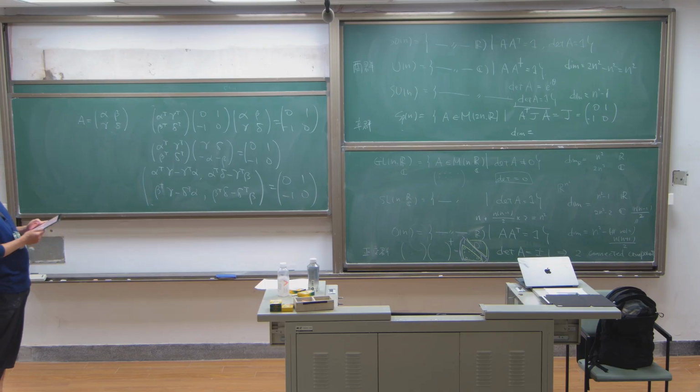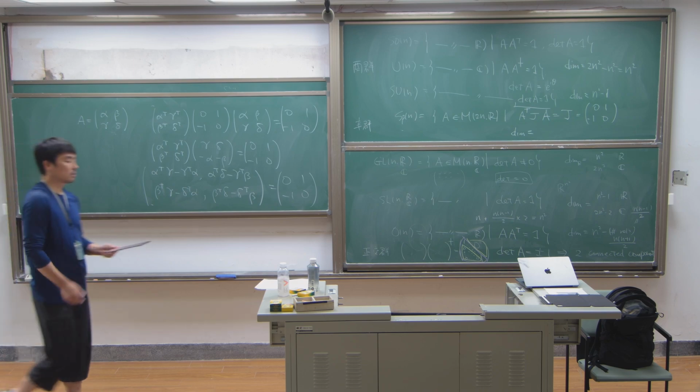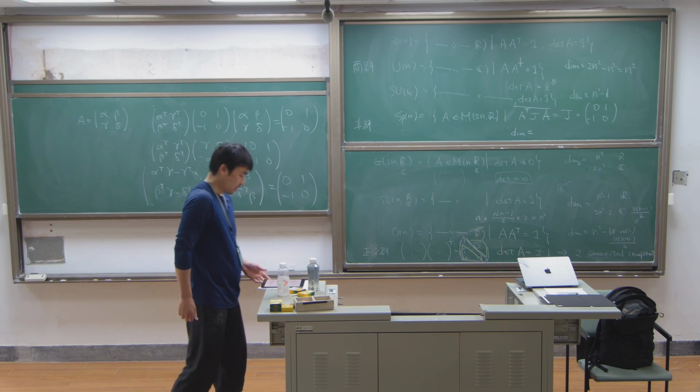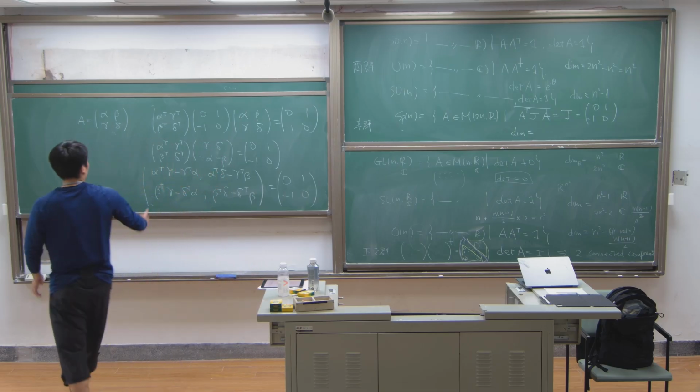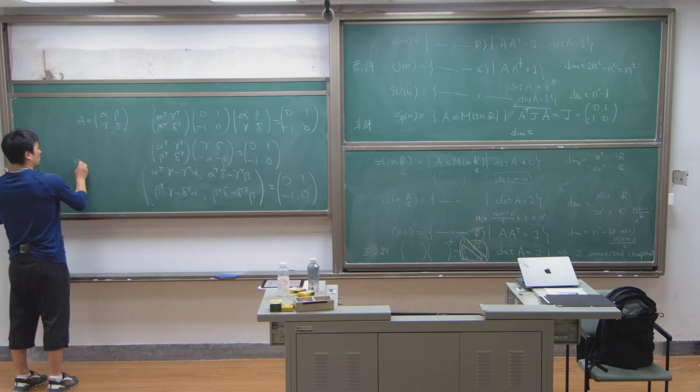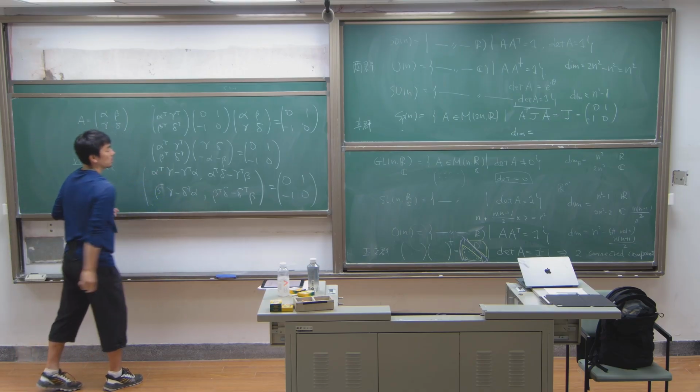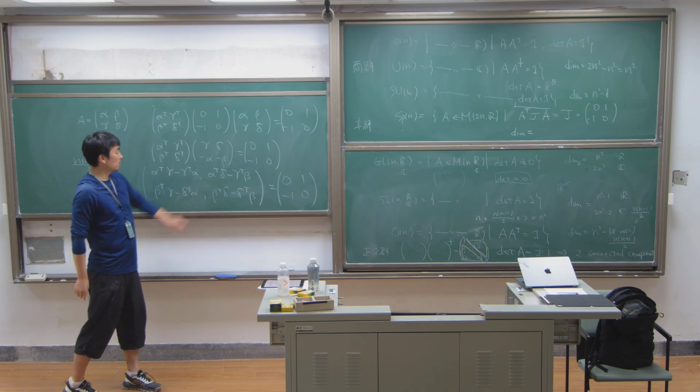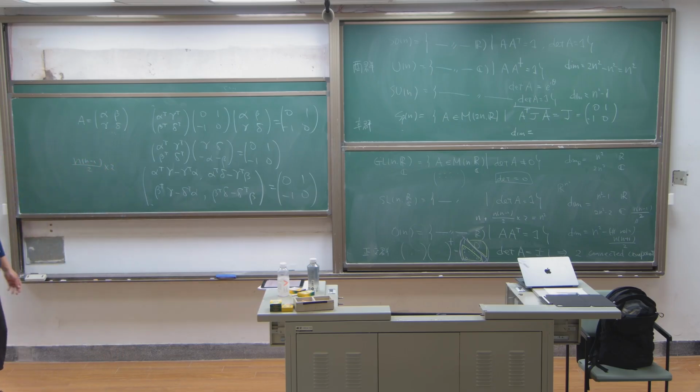That's true. So the number of relations is n(n-1)/2 times 2 from here to here. And how about here? How many relations do you get?